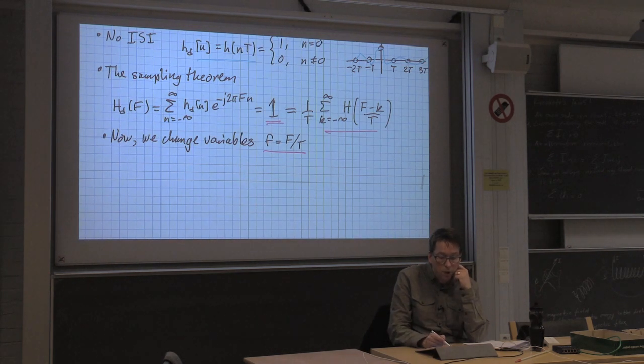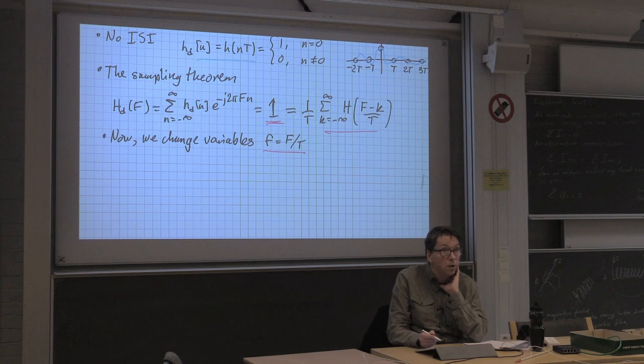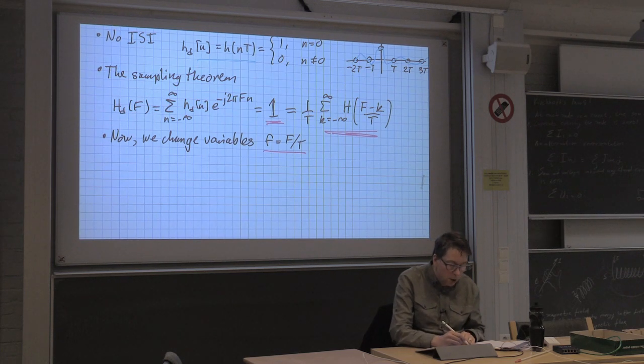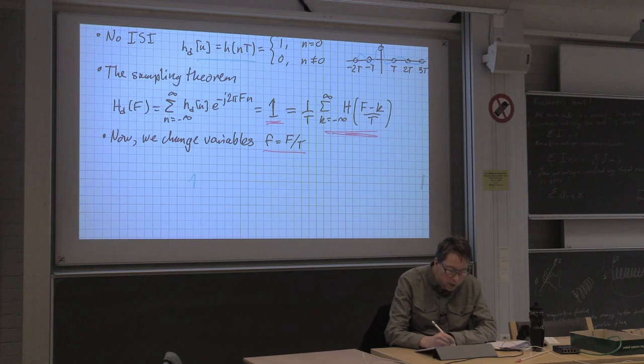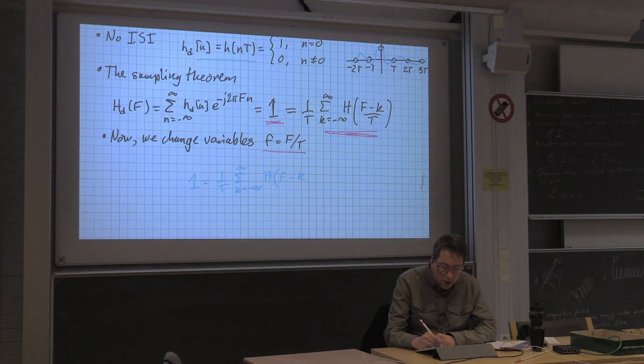So we have one function on the left, which is a function of f. It's a very simple function of f, just a constant function, so it doesn't change. But on the right-hand side, we change capital F divided by T and replace that with small f. So the final formula we get is 1 equal to 1 over T, sum over k from minus infinity to infinity, of capital H of f minus k over capital T, like this.